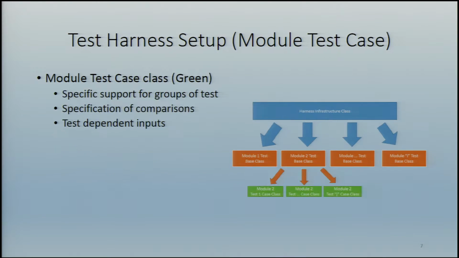But it continues on. After that, each module then has another derived class, which is its specific set of cases. It starts to get a little more complicated here, but this is where you set up your specific support for a group of tests.